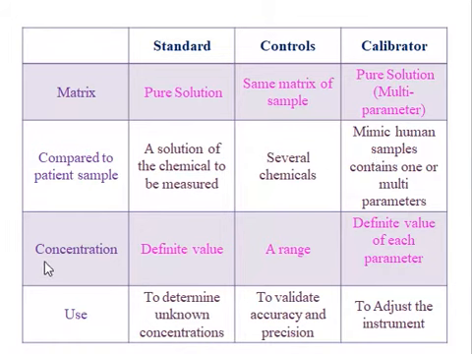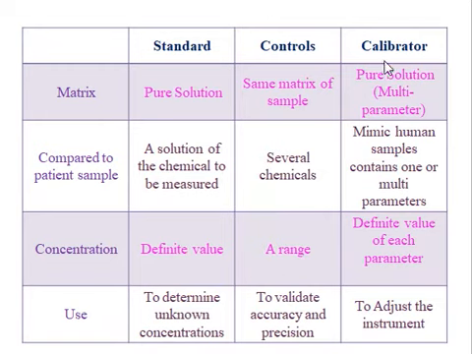Concerning the concentration of these solutions, standards have a definite value, a precisely known concentration. For controls, the concentrations of the several chemicals in these samples or solutions can be determined as a range, not a definite value.